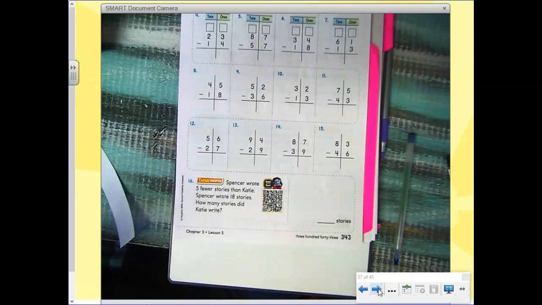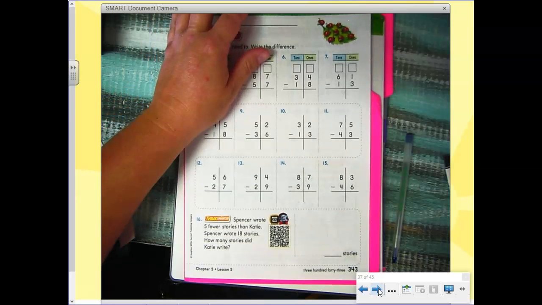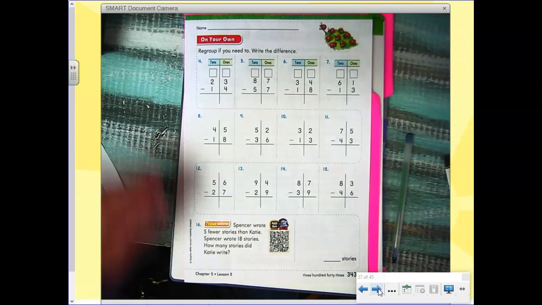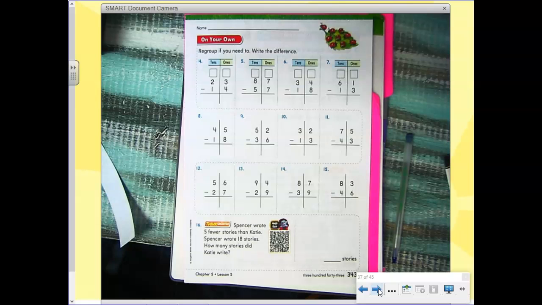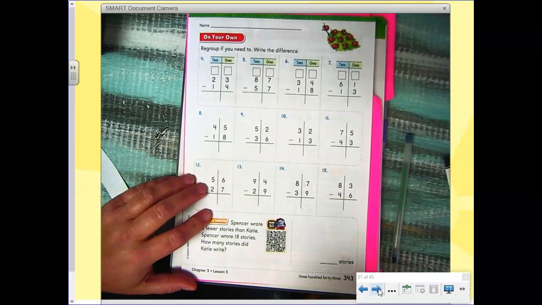Today for practice, because we need plenty of practice, I want you guys to practice page 343. So you're going to do 4 through 15 as practice. Remember to use any strategy. Make sure you circle the bigger number.